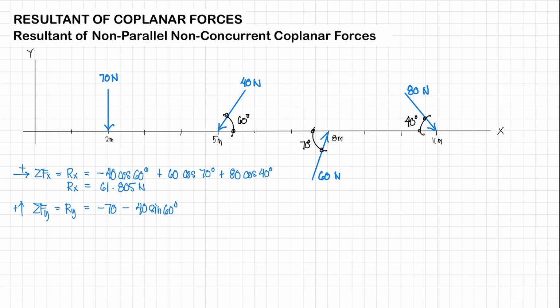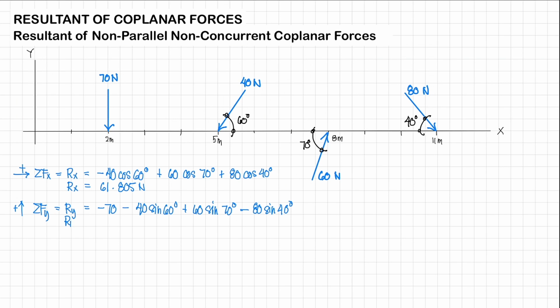And then next we have the vertical component of your 60 newton acting upwards. So that's going to be positive 60 sine 70 degrees. And then for the vertical component of your 80 newtons, it's going to be negative sine 40 degrees. So we have here negative 80 sine 40 degrees.